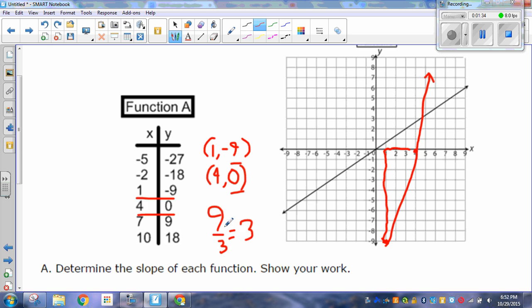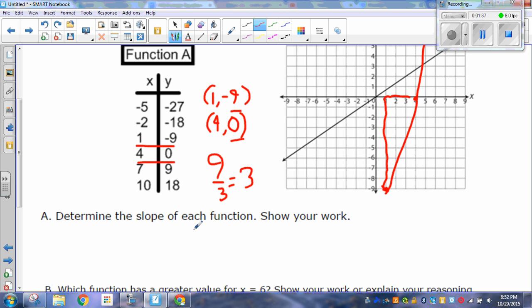You actually end up with the same exact fraction. So no matter what, function A is 9 over 3, which is equal to 3. By the way, my work is up here. You would need to show this or this to get full credit.